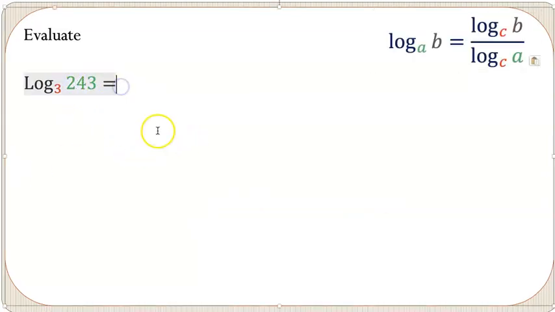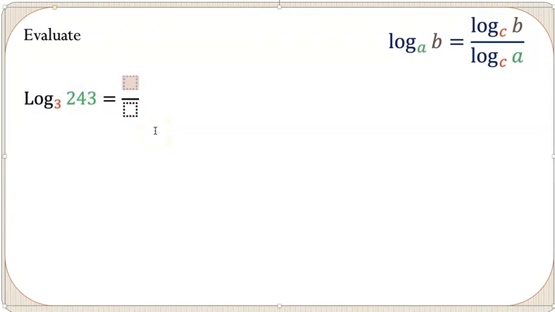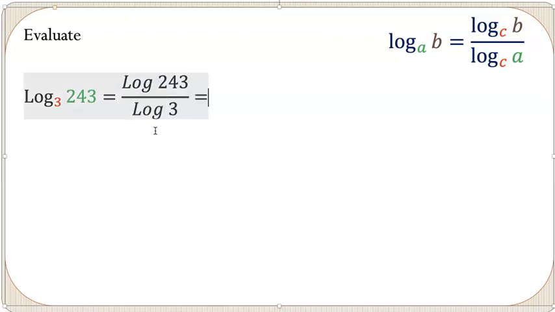Alright, here's another. So again, converting to base 10. So we're going to have log over log. The base is 3 and the base is at the bottom. So it's log 243 over log 3. Alright, so calculators will say log 243 divided by log 3. And that gives me 5.